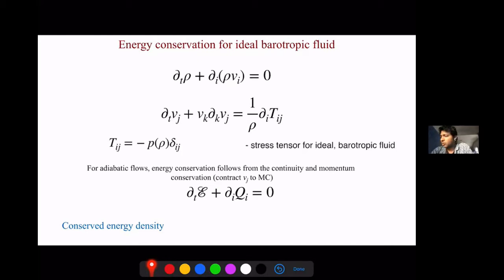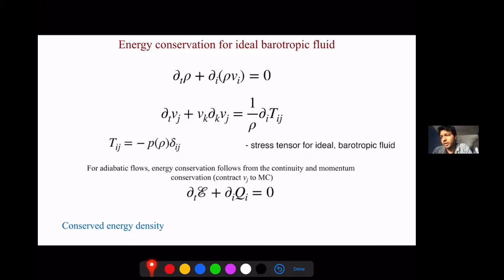Okay, so the technical procedure is to contract V_j with both sides of this momentum conservation equation and keep massaging this equation using the continuity equation till you get a conservation law of this form, where ∂_t acts on this so-called energy density, which is a scalar.